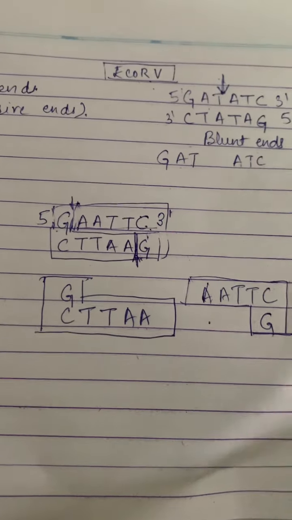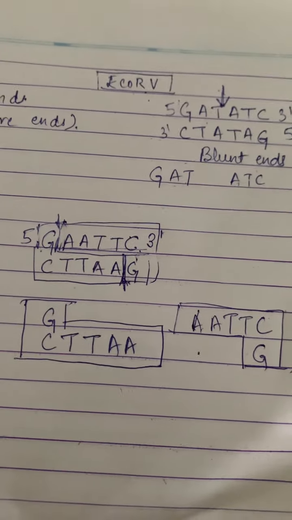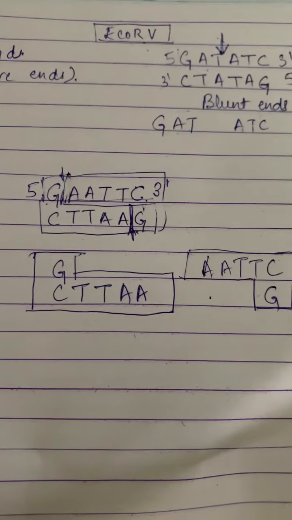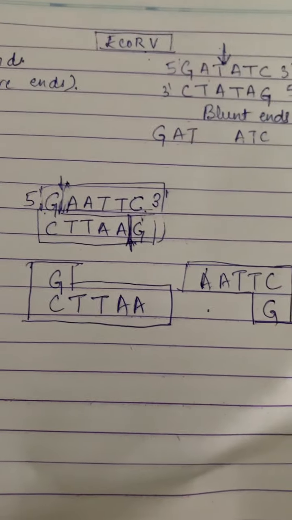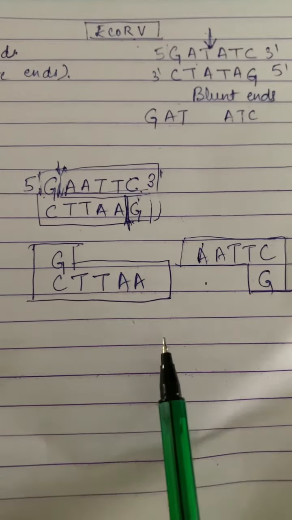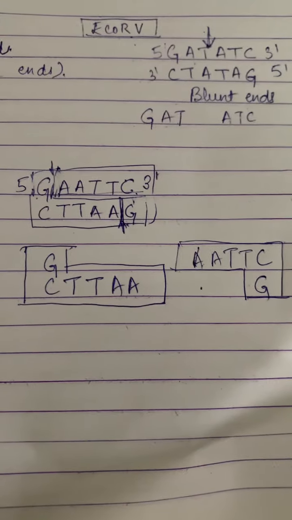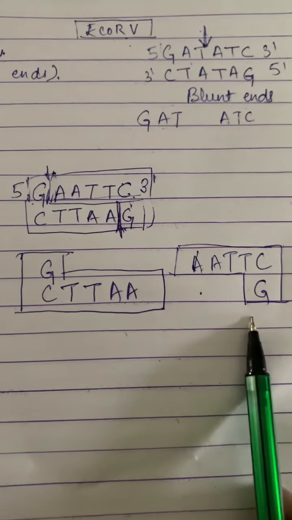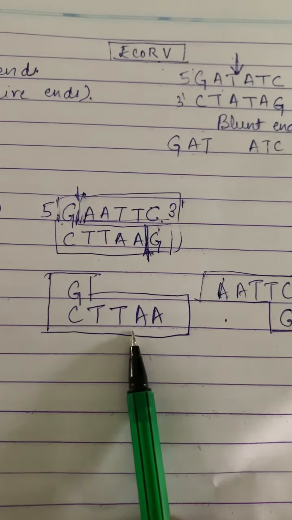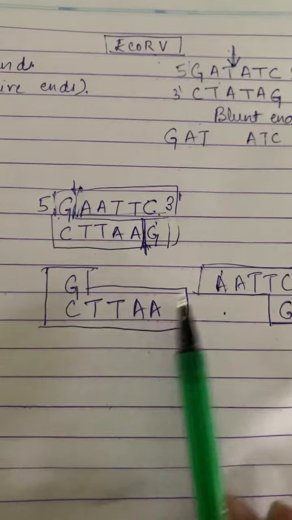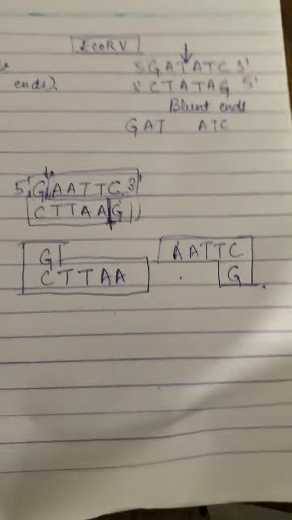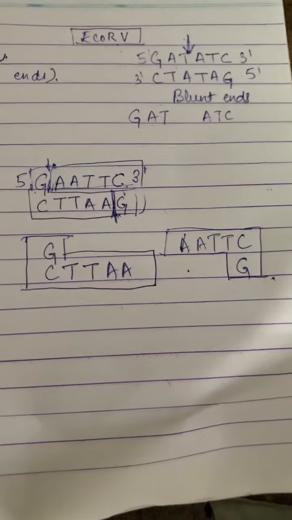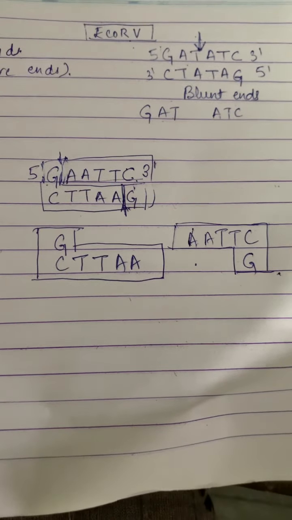So obviously there would be no point of cutting this sequence. There are many enzymes that also prevent this base pairing. But now I am telling you what cohesive or sticky ends are: when the sequences have base pairing and can stick with each other again, they are called cohesive ends or sticky ends.